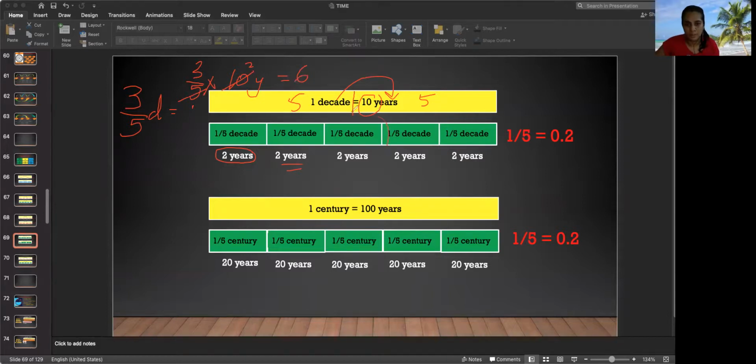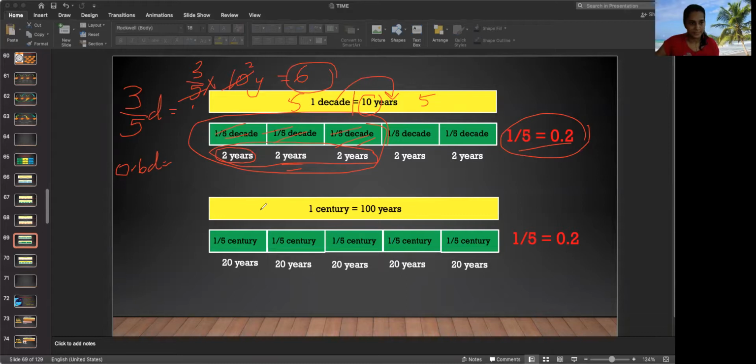Or if you understood this diagram, 3/5, 1, 2, 3, this is 3/5, and that corresponds to 6 years. 1/5 is also the same as 0.2. So 3/5 is the same as 0.6. So 0.6 decade is also going to give you the same answer, 6 years, just by multiplying by 10.